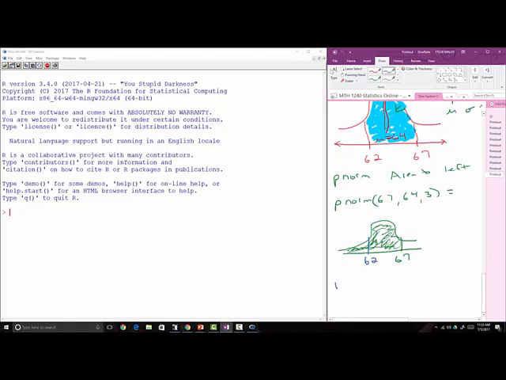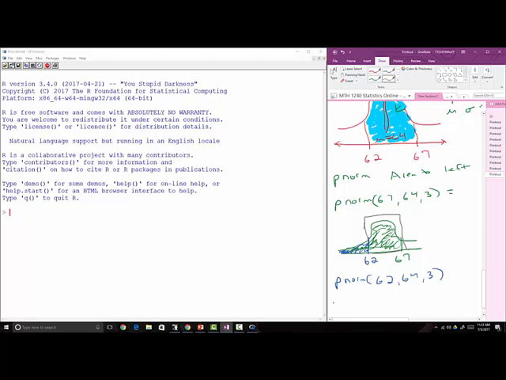So if I use the command pnorm 62, 64, 3, that'll give me all this area in blue, right? So if I only want this area here, what I can do is I can subtract these two areas, right?